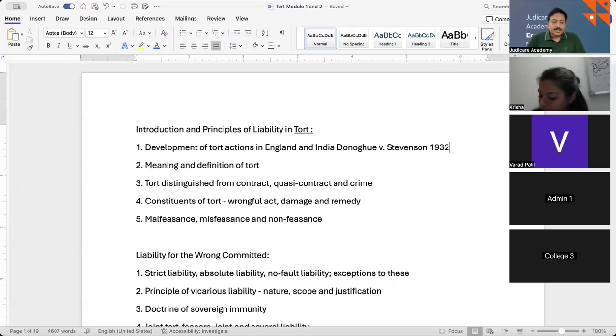A driver struck the claimant, the person who claimed the relief in this trial, causing a leg injury, which was followed by a subsequent injury leading to amputation. So the injury was so harsh and so hard that the leg was amputated.